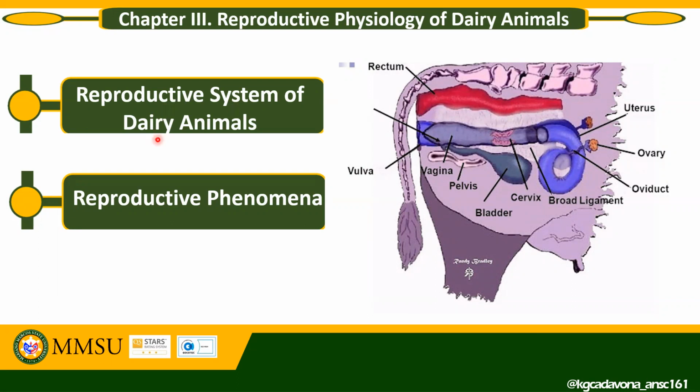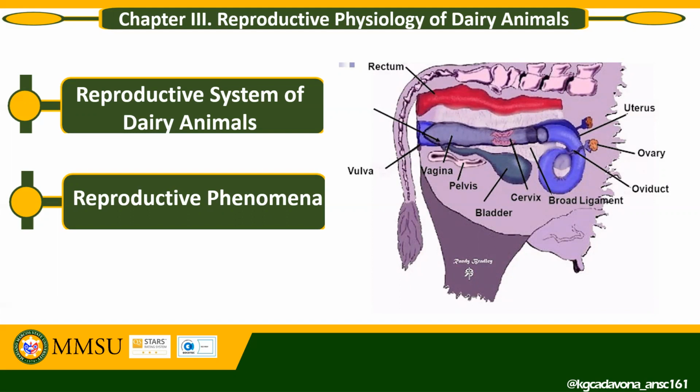Since it is dairy, we will be focusing only on the reproductive system of females. Although there are three dairy animals covered here in our course, I will discuss in general since the functions are the same. They just vary in structure and size, but the functions are the same.